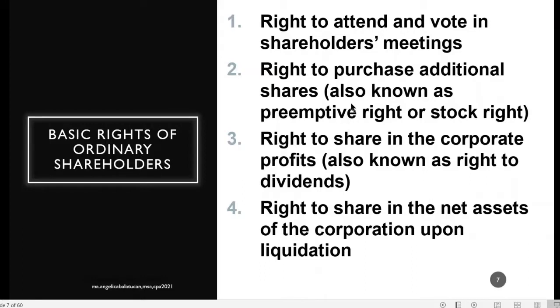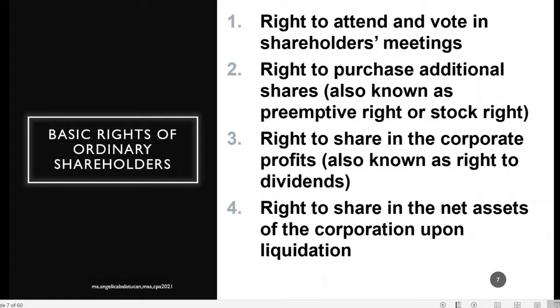So the existing ordinary shareholders are given preference, or the first priority, to buy additional shares in the company before offering those shares to outsiders, or to those who are not yet owners of the company.